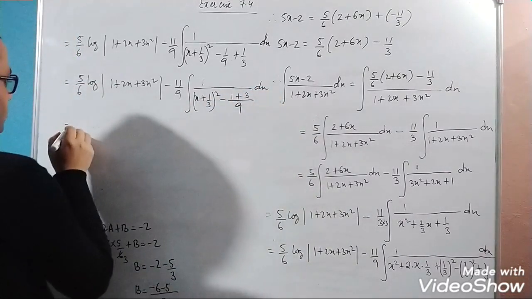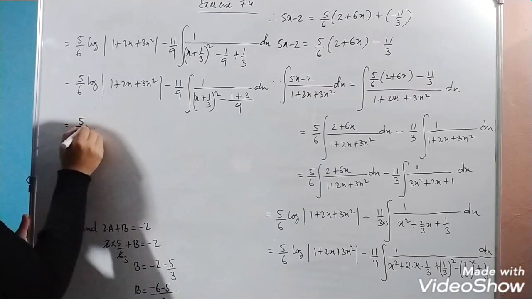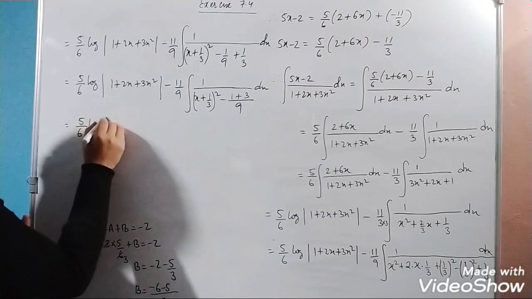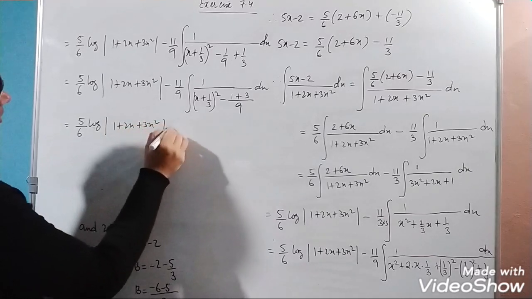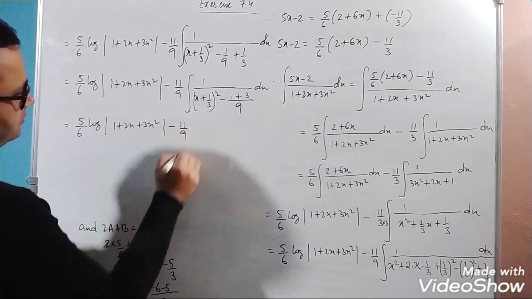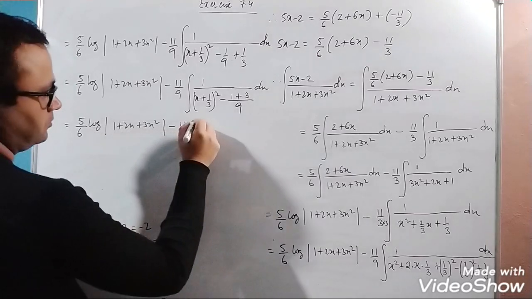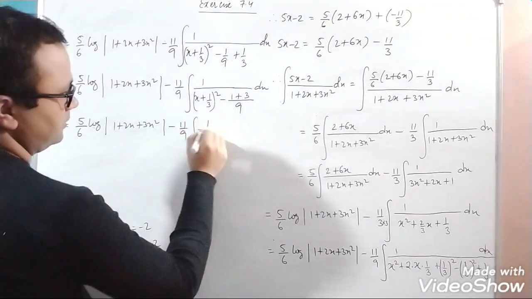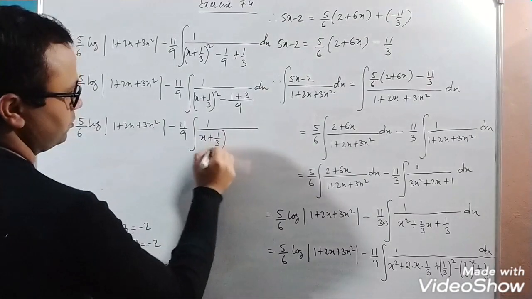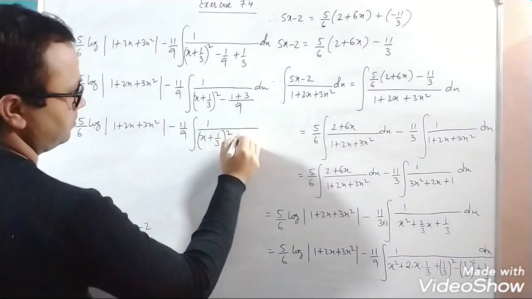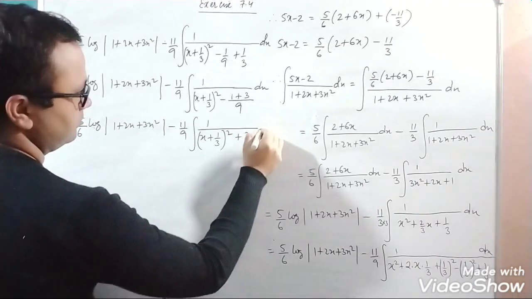This equals 5 by 6 log 1 plus 2x plus 3x square minus 11 by 9 integration of 1 by x plus 1 by 3 whole square, it is plus 2 by 9 dx.